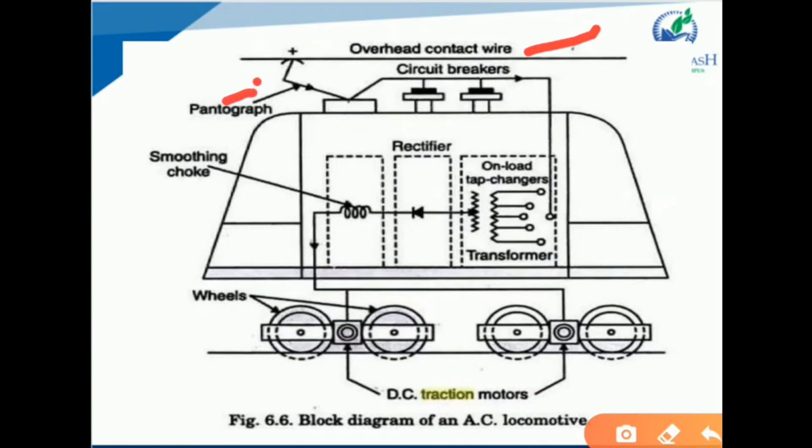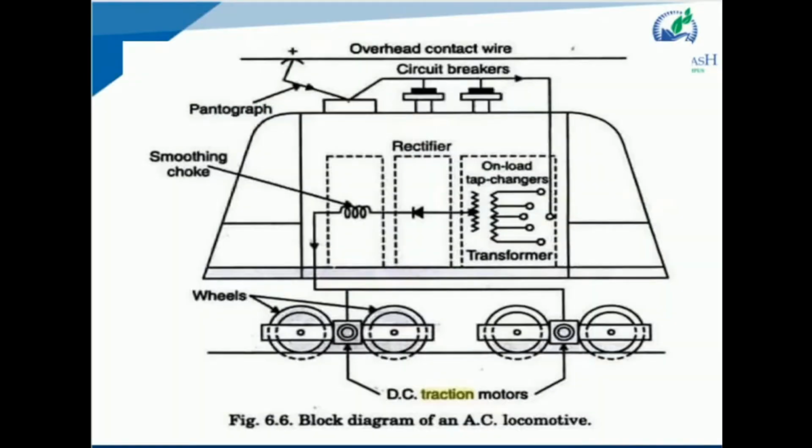This is the current collector, and for safety purposes it uses a circuit breaker, and then the supply is given to the rectifier. The rectifier converts AC to DC, and then it is given to our traction control, and that traction control controls the speed and gives supply to the DC traction motor. So this is the working of the AC locomotive.